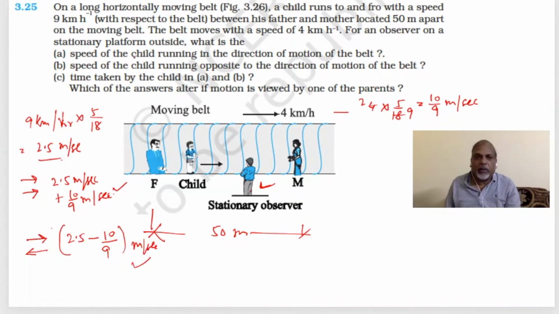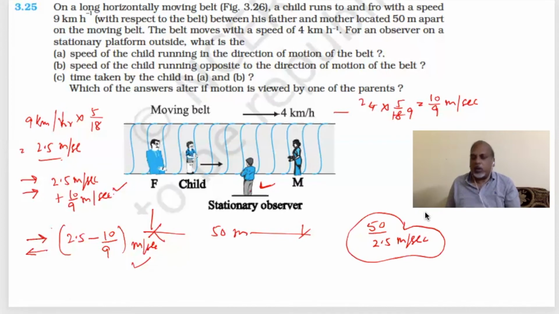The distance is 50 meter, and the belt is also moving, but since this 50-meter distance does not change, the time taken by the child will be calculated with 2.5 meter per second only, because this will not affect it.